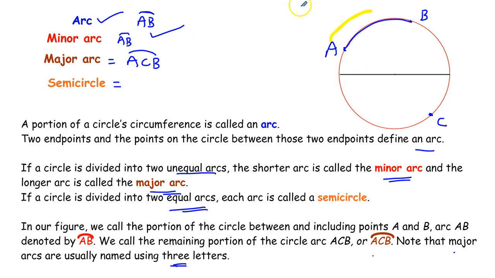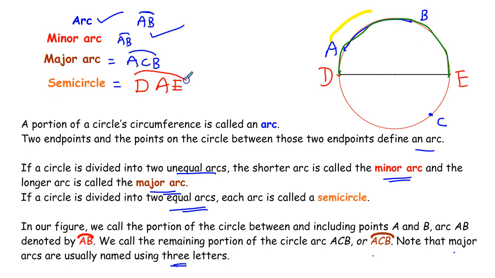Okay, let me do it again. Starting from this point all the way there, this is one semicircle, and this is the second semicircle. Let me show you how to write it down here. Suppose D is one endpoint of the diameter, E is the other endpoint. So this semicircle I can denote as DAE.